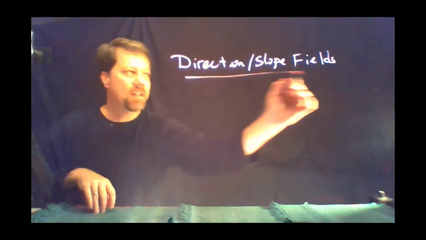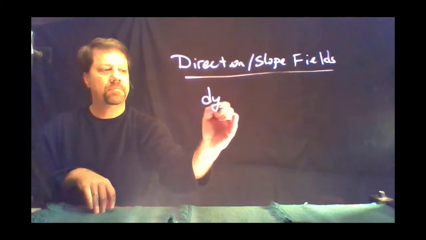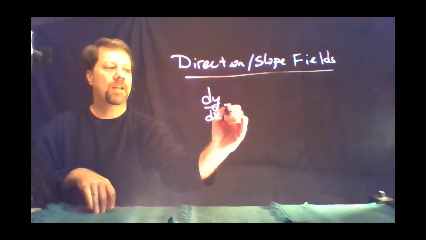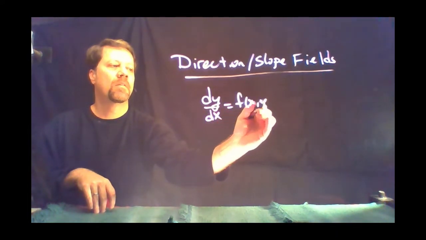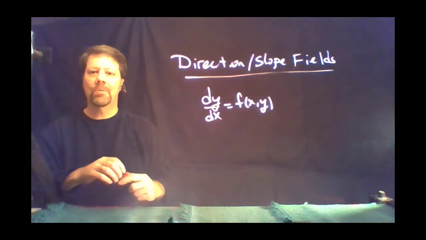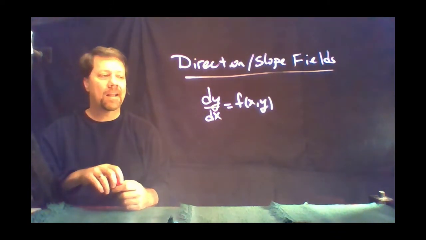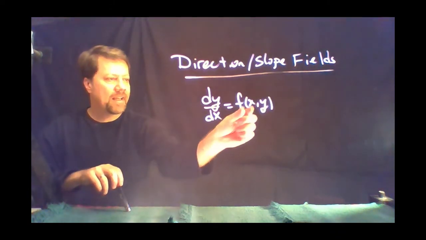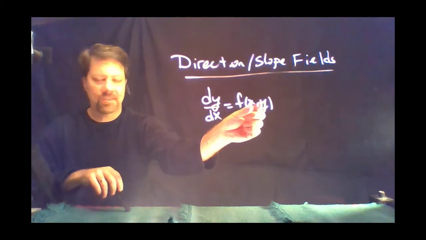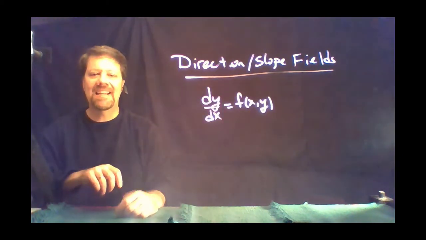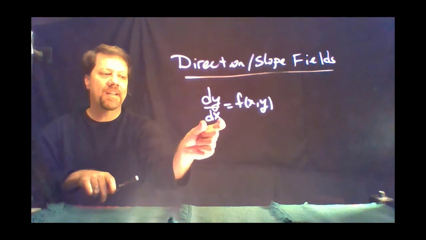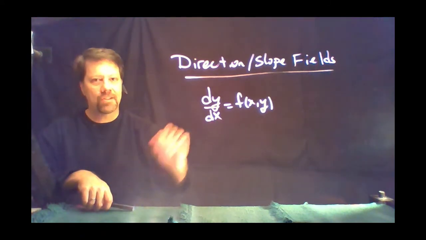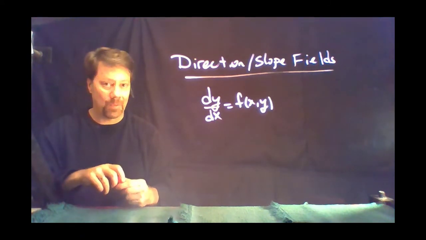The idea behind this method is that if you have a differential equation of the form dy dx equals some function of x and y, then at each point in the plane xy, you can plug that point into the right-hand side and determine the slope of any solution curve passing through that point.